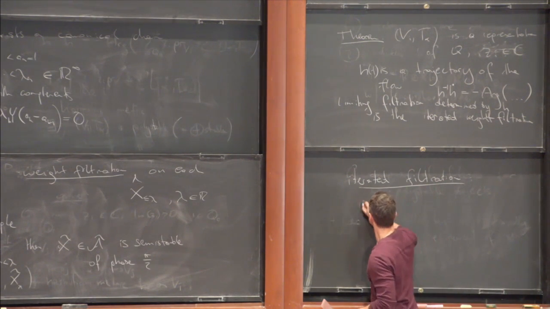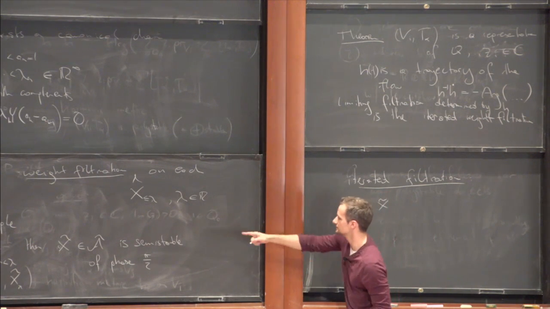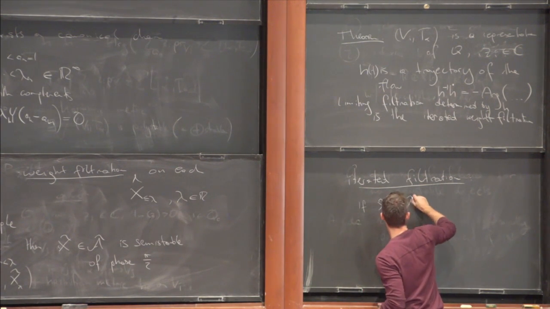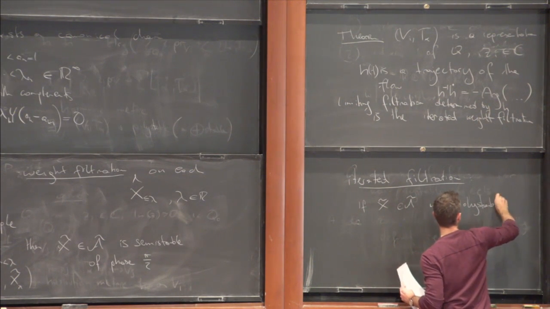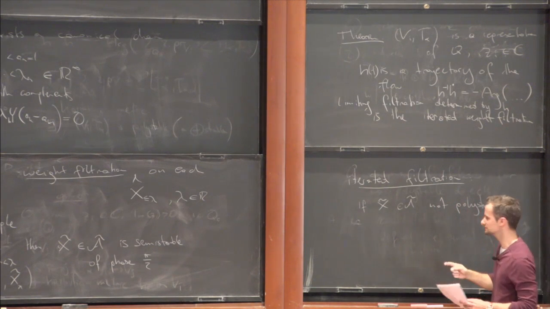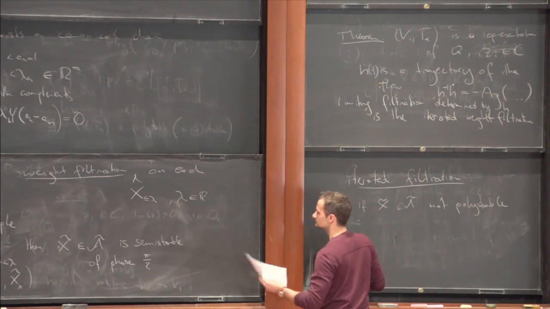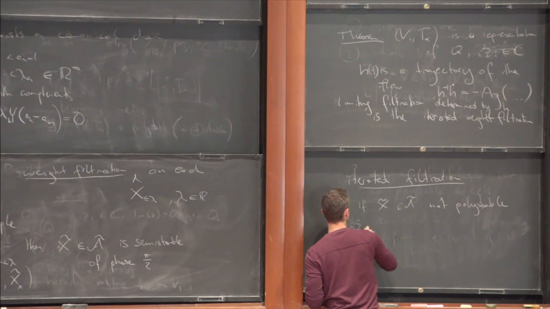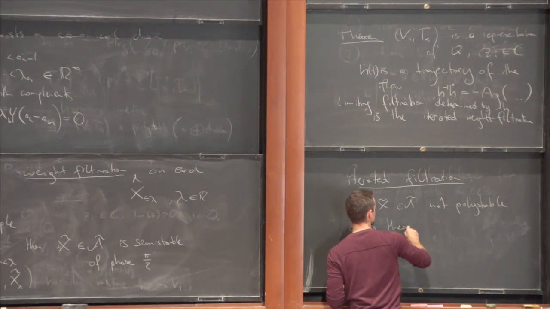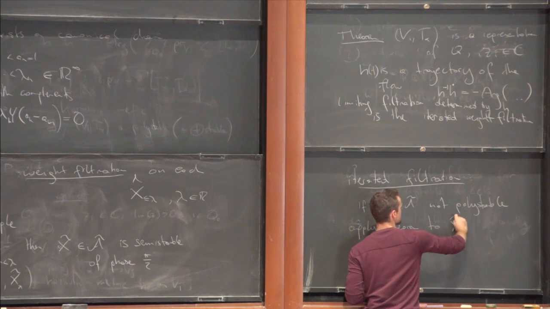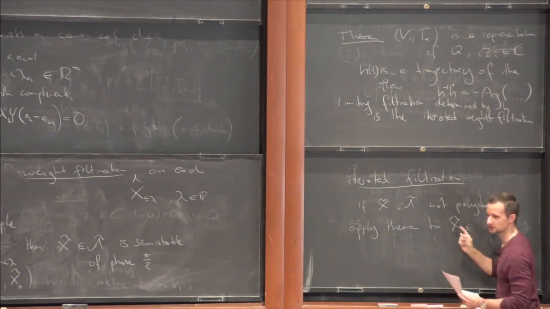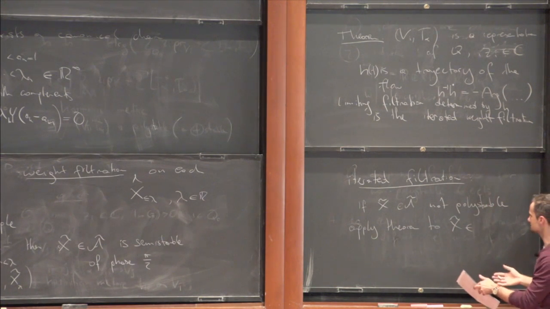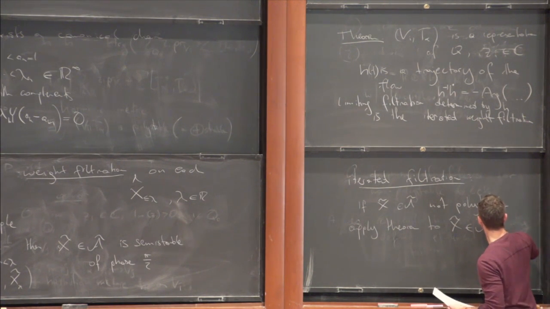So if this x tilde in here is not polystable, that means it's not semi-simple, so we continue, again apply the theorem to x tilde in the category of things of the same slope. So if it's not polystable, that means it's not semi-simple in the subcategory of a tilde of things with slope pi over 2.